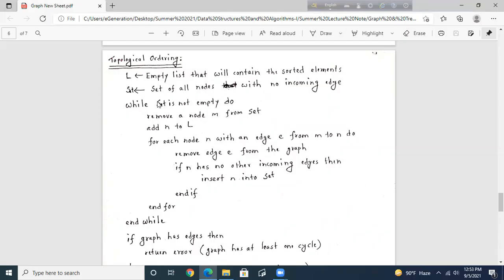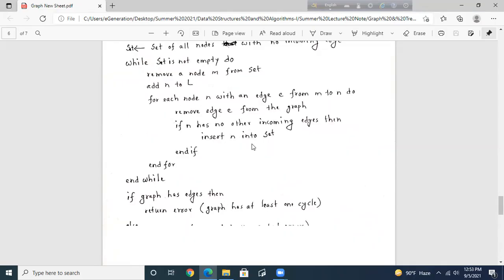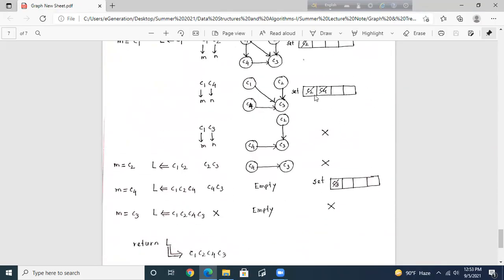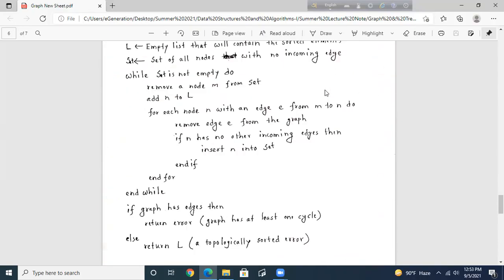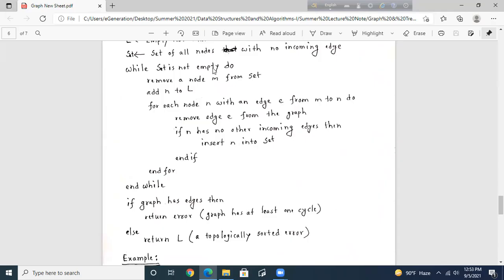At first you have to check whether the set is empty or not. Inside the set we have two elements, one is C2, one is C4. Since our set is not empty, you can remove M from the set.